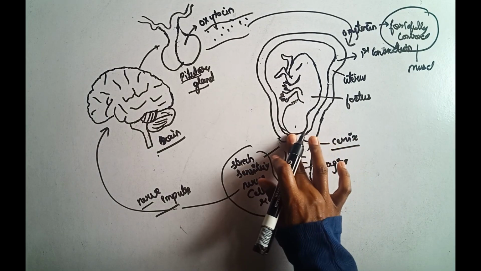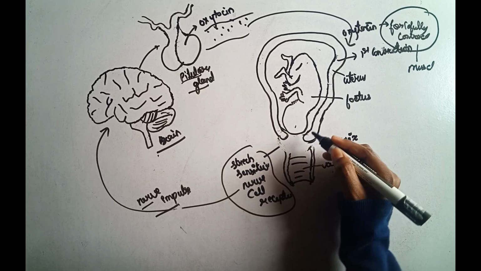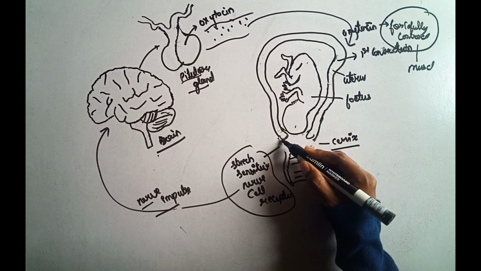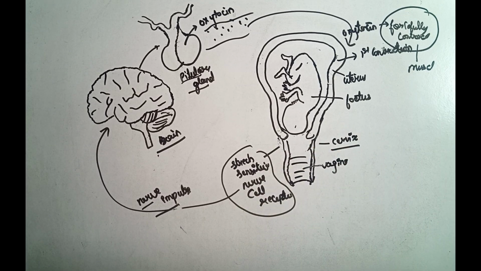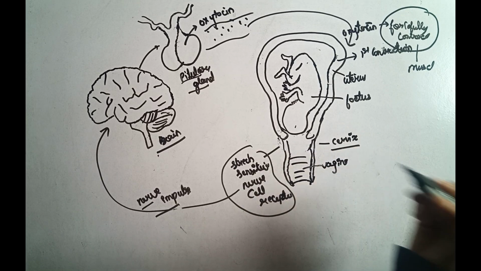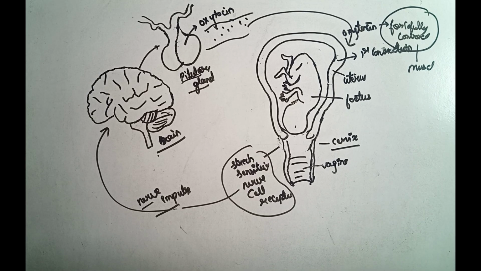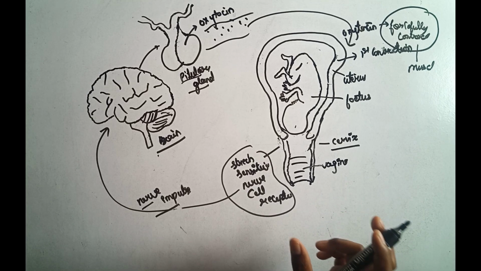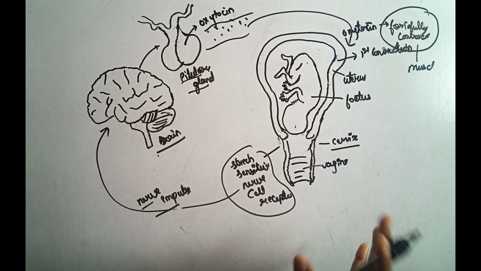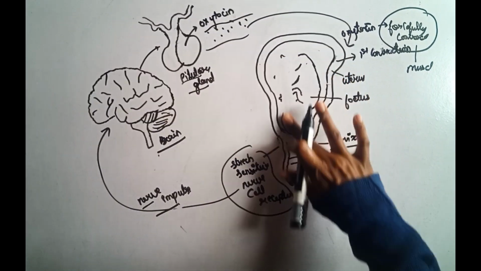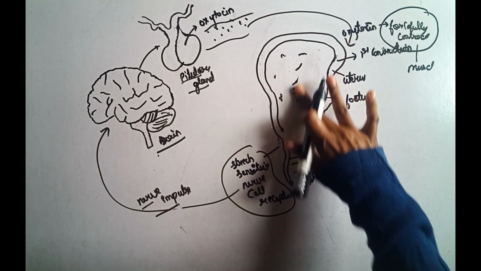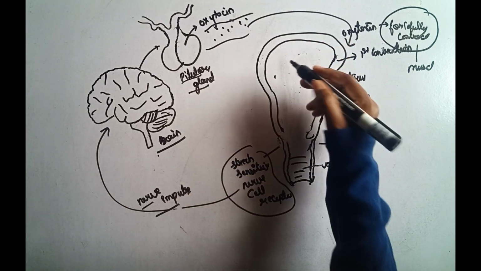So what happens, the cervix is again more stretched. So this process continuously continues. That is the point where the cervix is stretched more and the fetus moves out through the vagina.